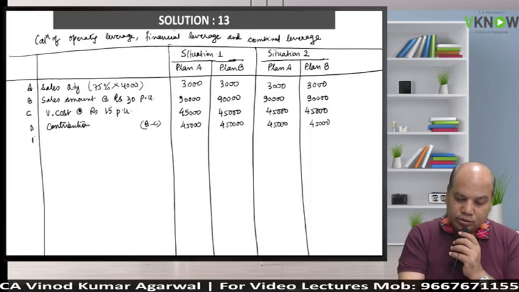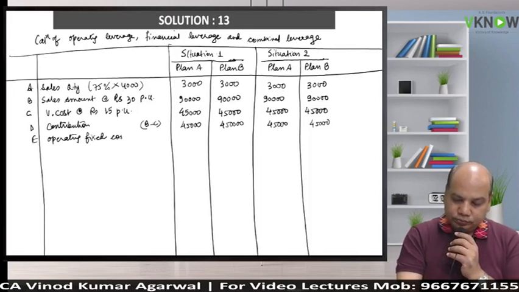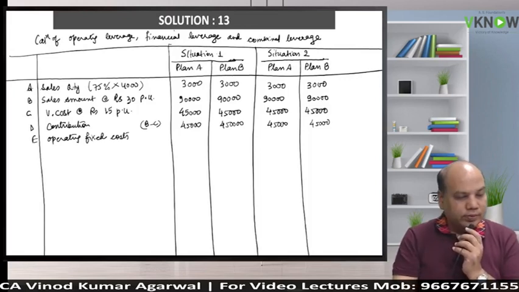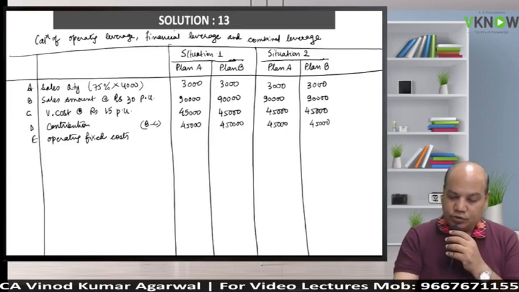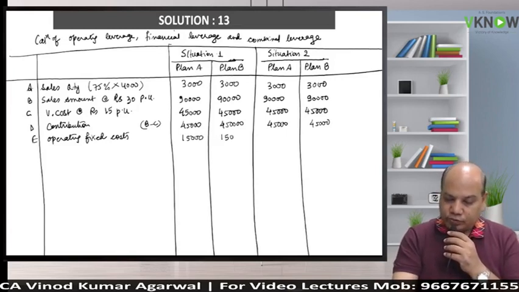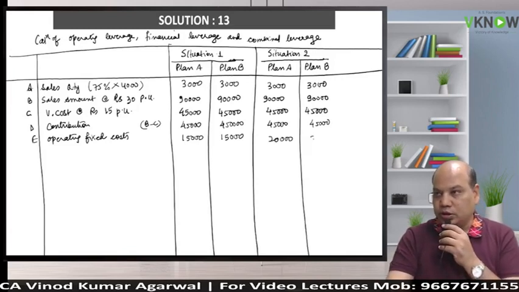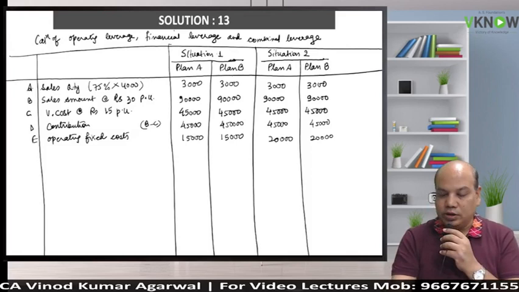So point number E would be operating fixed cost. In situation 1, operating fixed cost you will see in the question is 15,000, and in situation 2, it is 20,000. Easily understandable. Yes, sir.